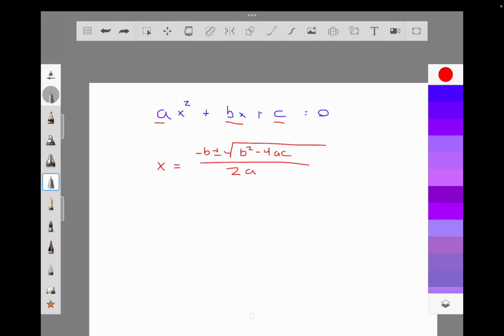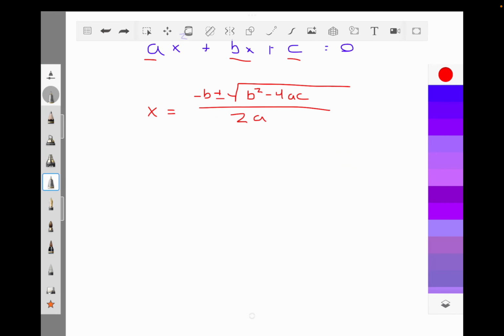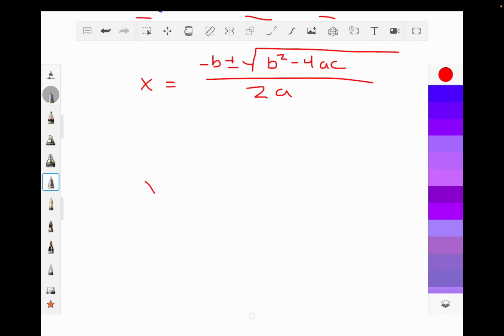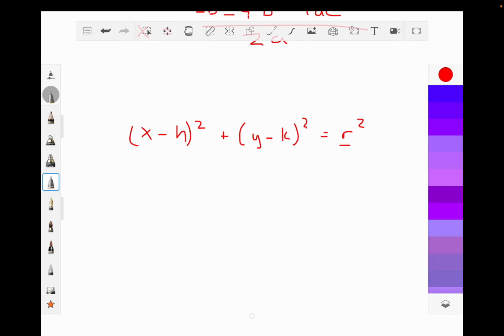If you have a circle, so this would be the equation of a circle. The radius of the circle will be r.